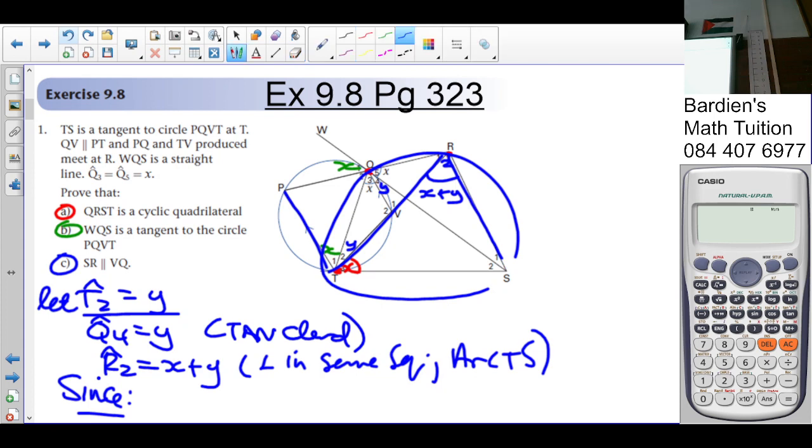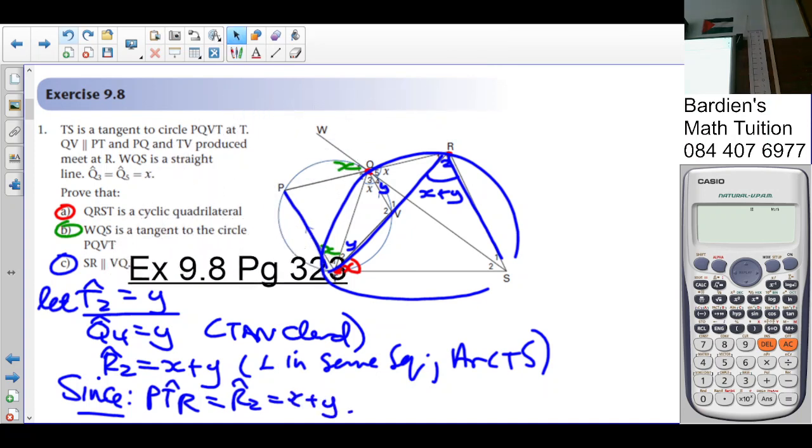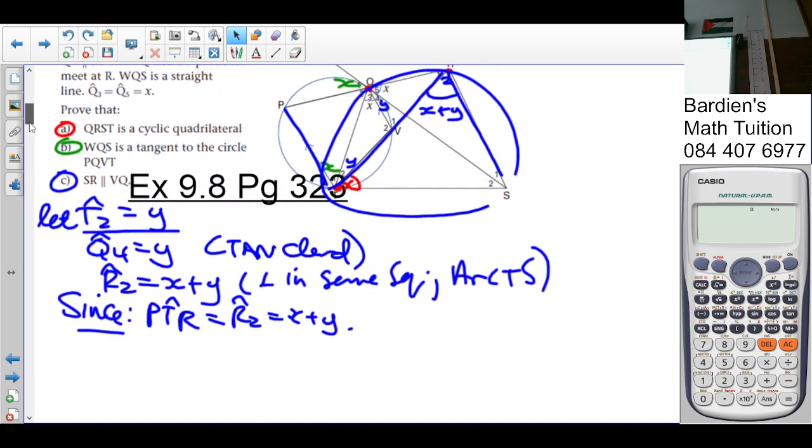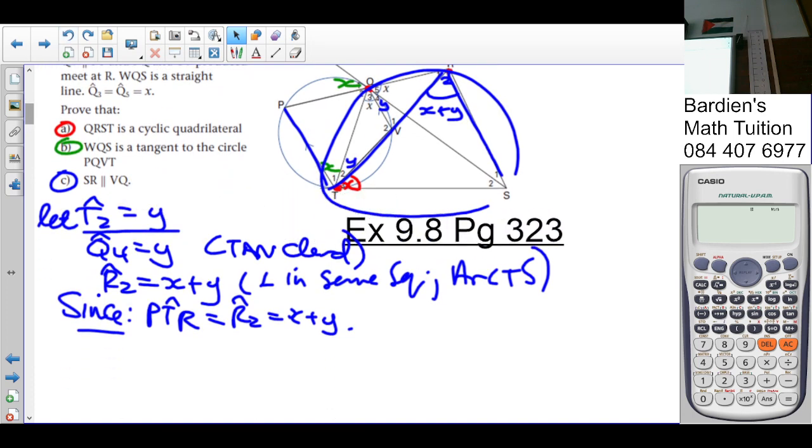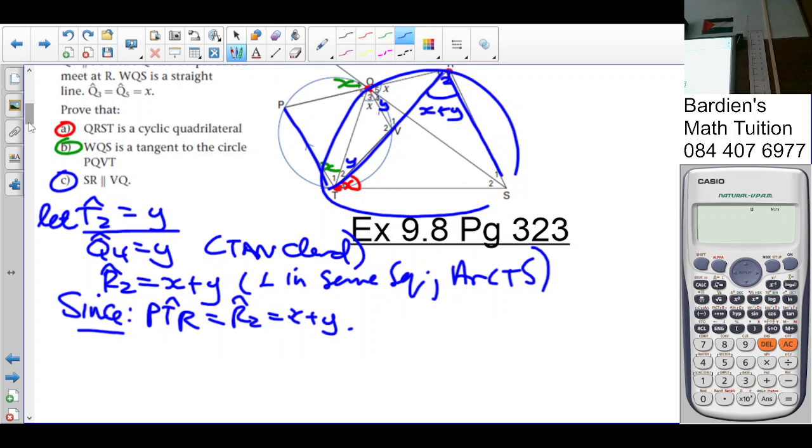Right. So since angle PTR is equal to R2, which is equal to x plus y, therefore PT is parallel to RS, which is parallel to QV.